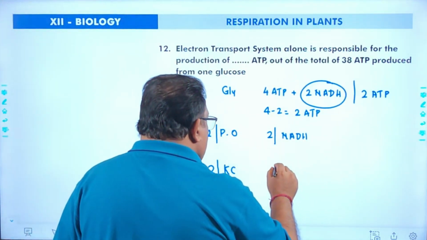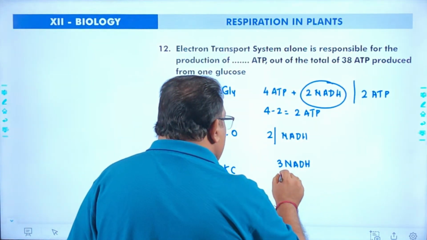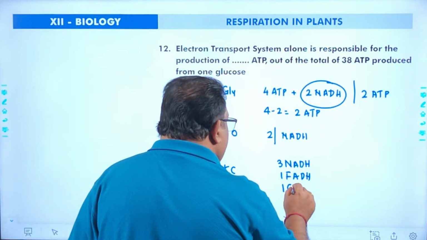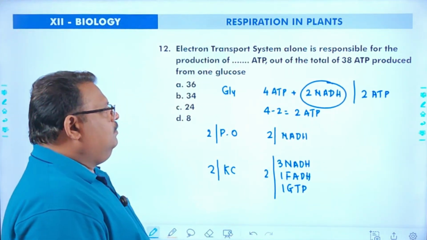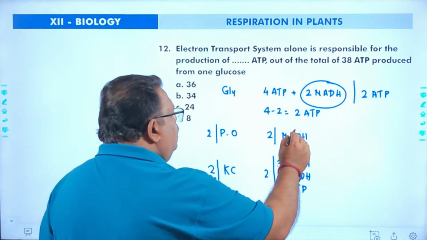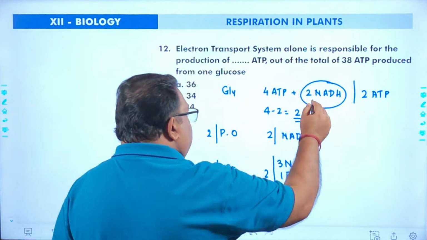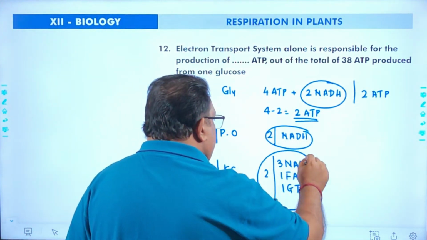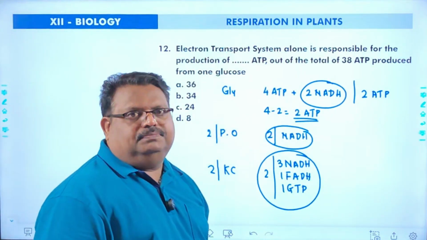In one Krebs cycle, 3 NADH2, 1 FADH2, 1 GTP, into 2 Krebs cycles. So only these 2 ATP molecules are directly synthesized. This 2 NADH2, this 2 NADH2, this much, all these are converted by electron transport system.